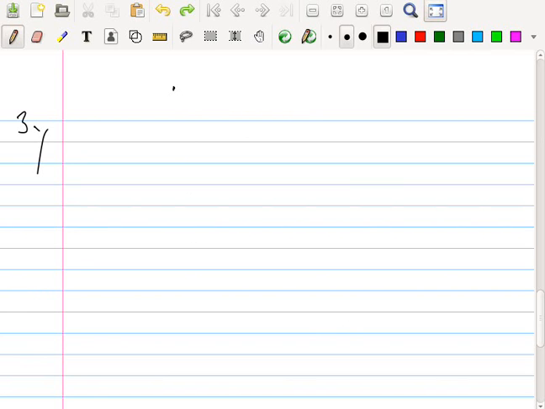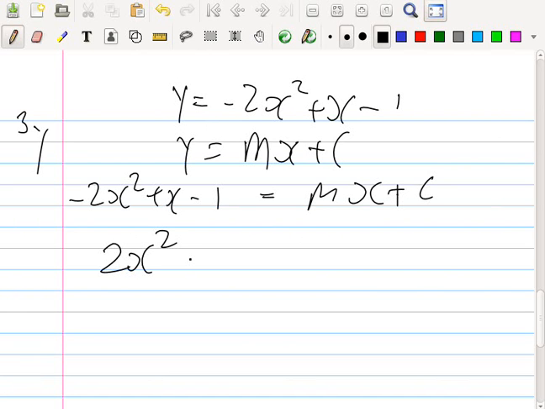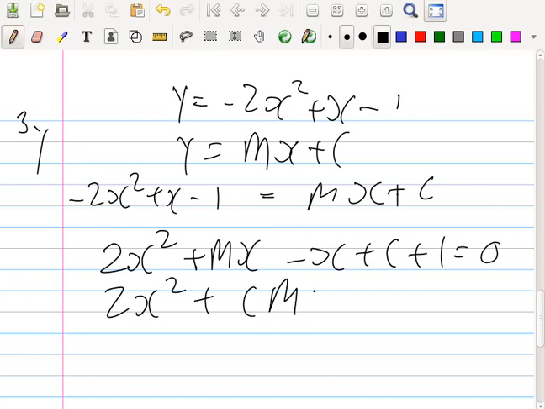Alright, y equals minus 2x squared plus x minus 1. Y equals mx plus c. So I have minus 2x squared plus x minus 1 equals mx plus c. So if I take everything to the right, I get 2x squared plus mx minus x plus c plus 1 equals 0. So 2x squared plus m minus 1 x plus c plus 1 equals 0.